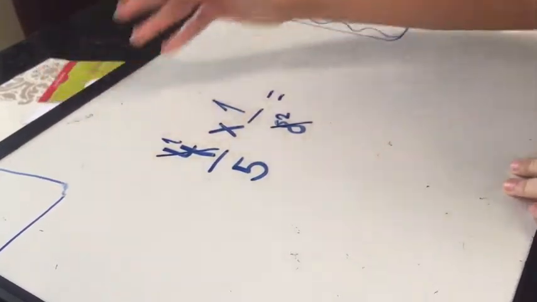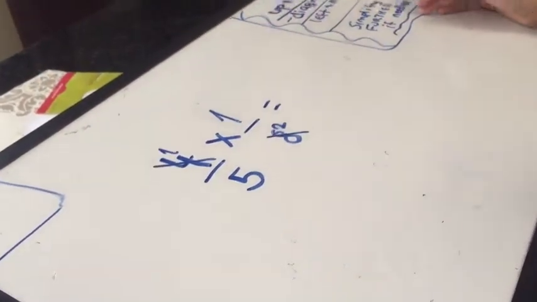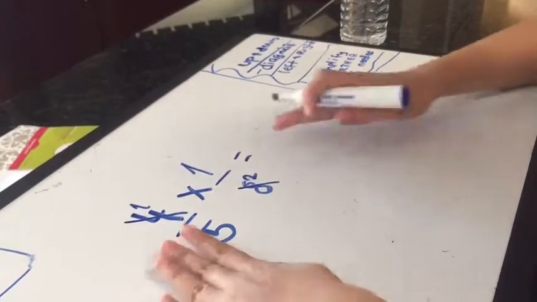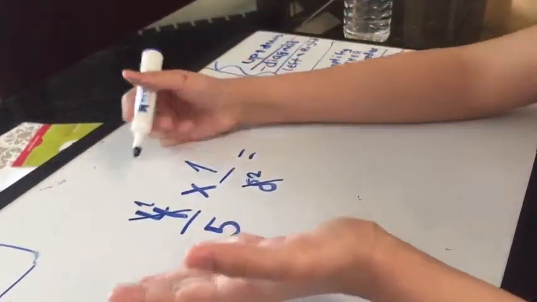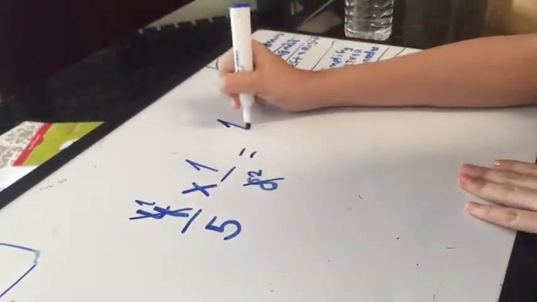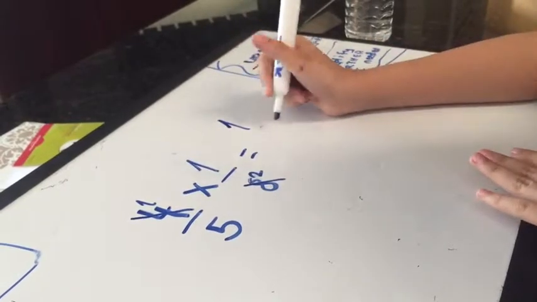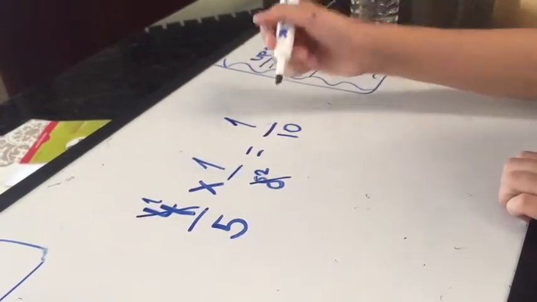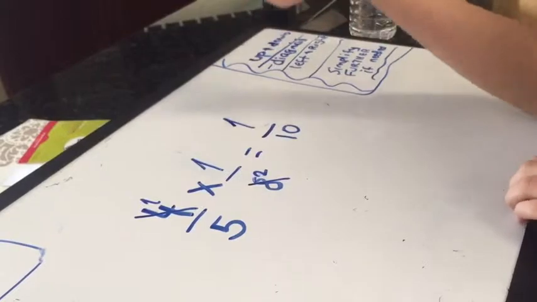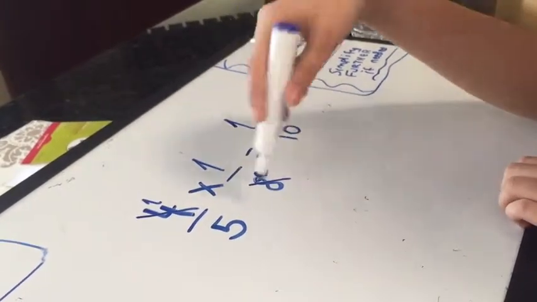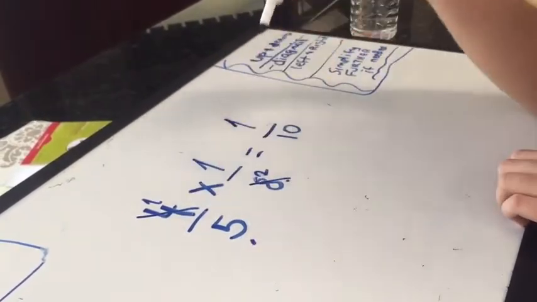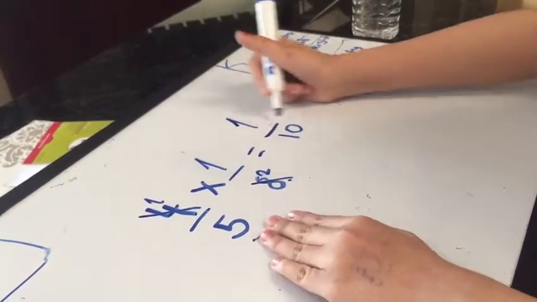Once you're done with that, you multiply everything together. So 1 times 1 is 1, and 5 times 2 is 10. What we just did was left and right, and to get the 1/10, we just did the bottom line, and that's basically our answer.